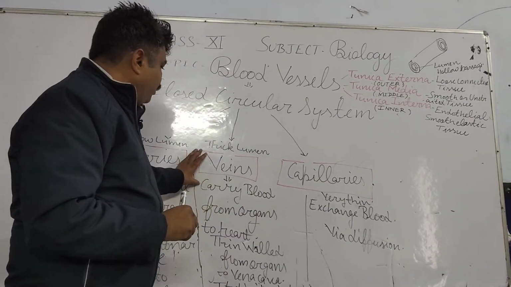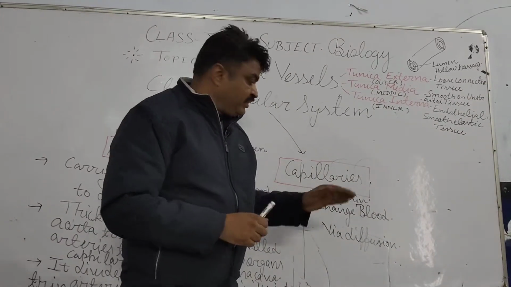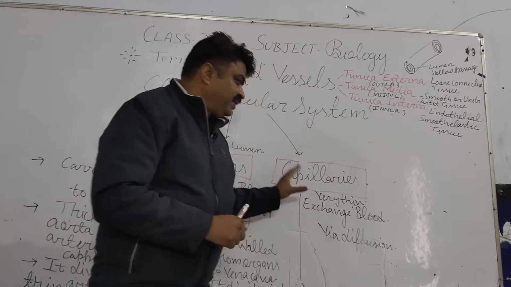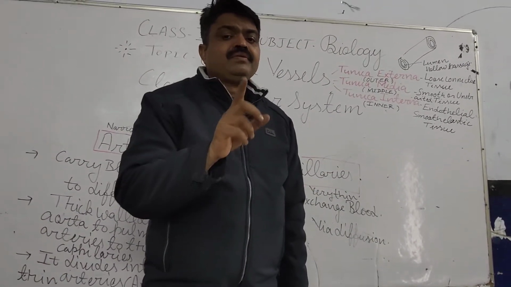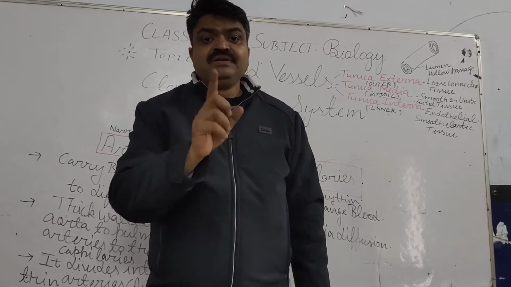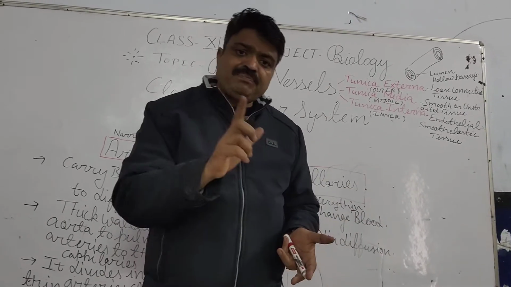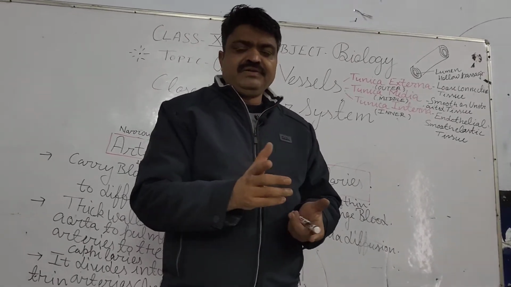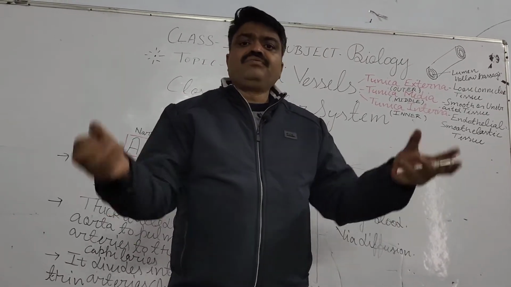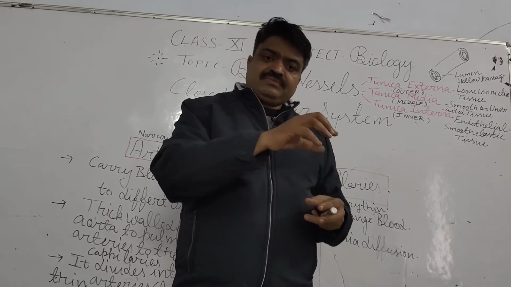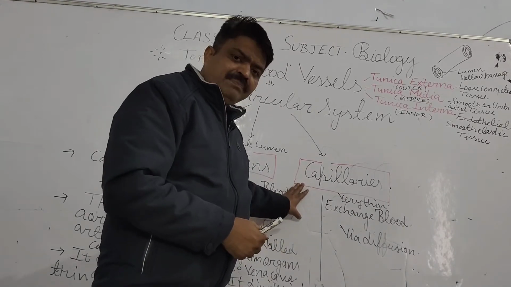Now we come to the importance of the capillaries. The capillaries are very thin blood vessels, and they are attached to the organ, student, and they have both types of blood, oxygenated as well as deoxygenated, and they help in the exchange of substances with the help of blood capillaries.